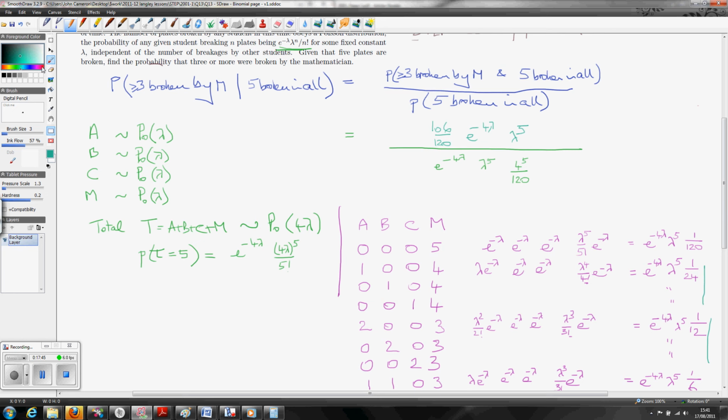Now I think I should take some red pen to do some cancelling, because that's what we want to do. Happily, the e to the minus 4 lambda cancels and the lambda to the 5 cancels, and what's more, we can multiply top and bottom by 120, and that cancels, and that gives us 106 on the top over 4 to the power 5, which is equal to 106 over 1024, which is what we had before, and as we had before, it's 0.1035.